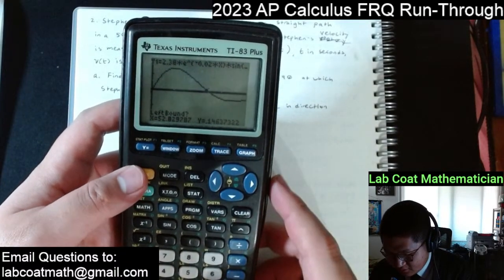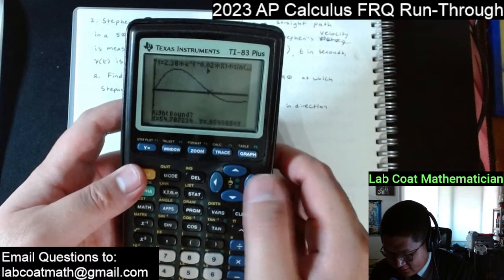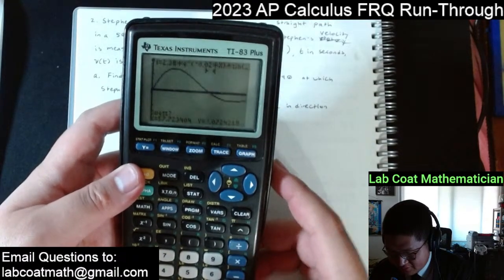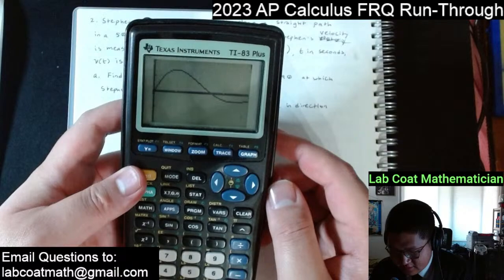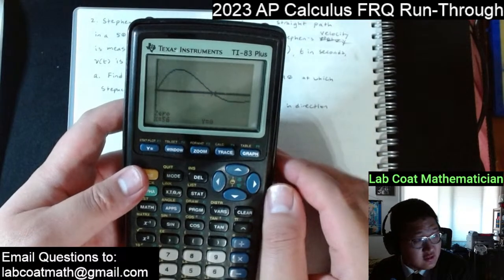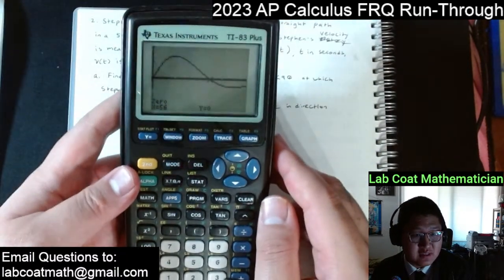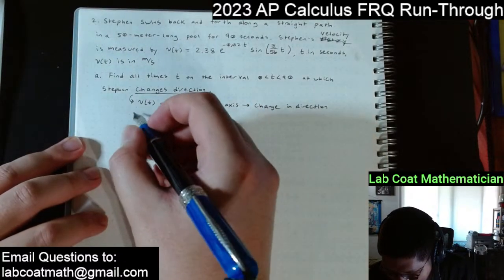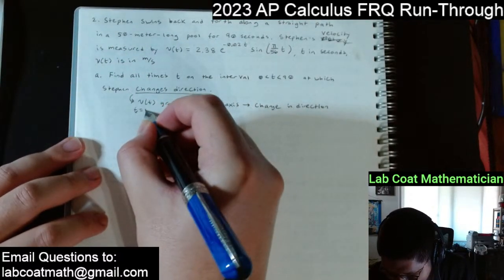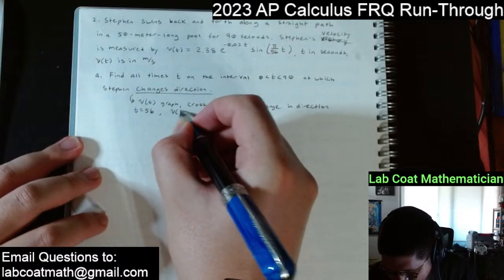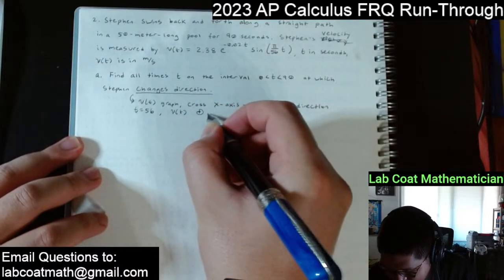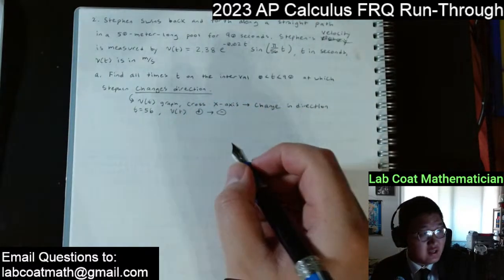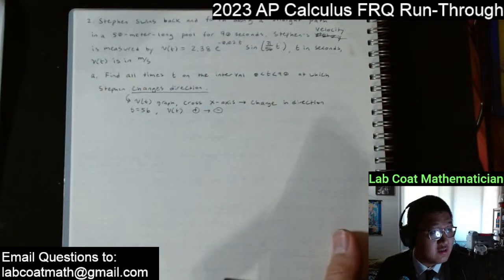We go from the left side of that over to the right side, and tell it to take a guess. At 56, 0, that is going to be the time. So at t equal to 56, the velocity function was going from positive down into the negative region, a change in direction.